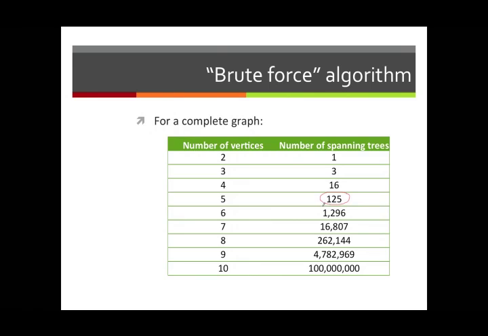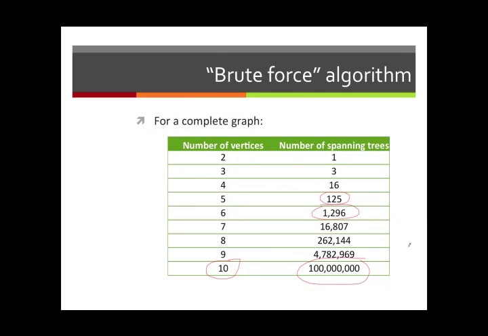For a complete graph on 6 vertices, we've seen it's 1,296 spanning trees. For a complete graph on 7 vertices, 16,807. And let's go all the way up to 10, which is really not a very large number, right? Number of vertices is 10. You could easily draw the complete graph on 10 vertices, but you would not want to list all the spanning trees because, according to our formula, there are 10 to the 8th, that is to say 100 million of them.